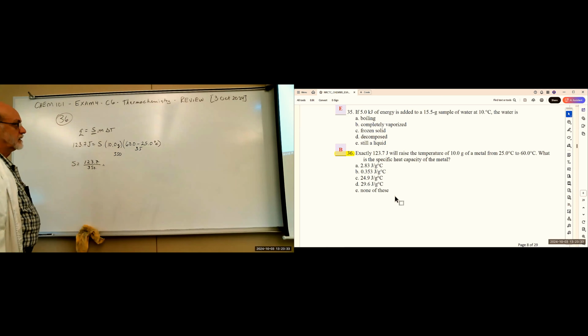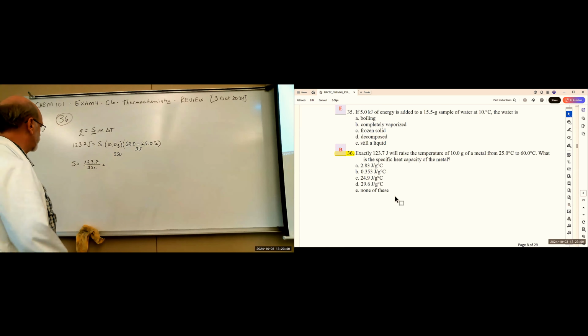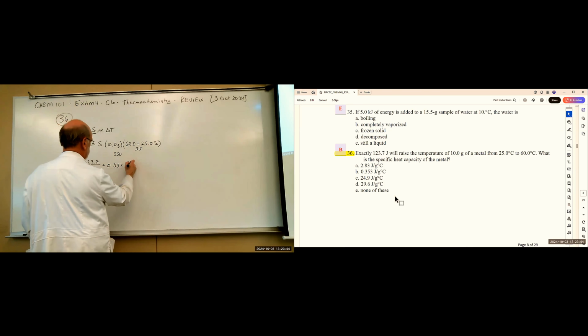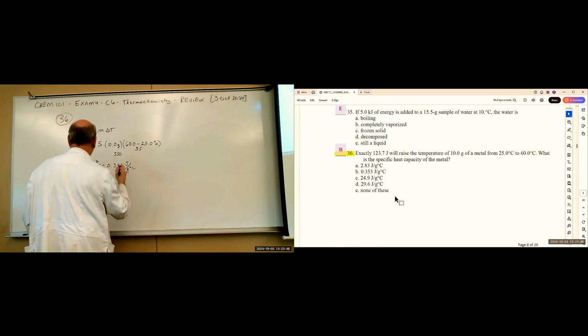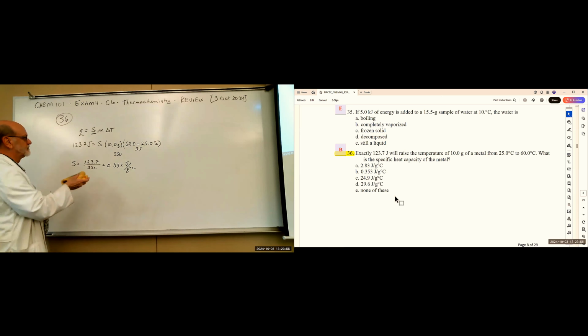Is that about a third? The one that's closest to a third in there is B, 0.353 joules per gram. Pretty simple. That way you don't have to waste time with the calculator. Move on to the next question.